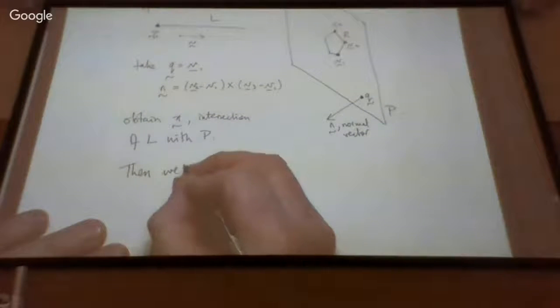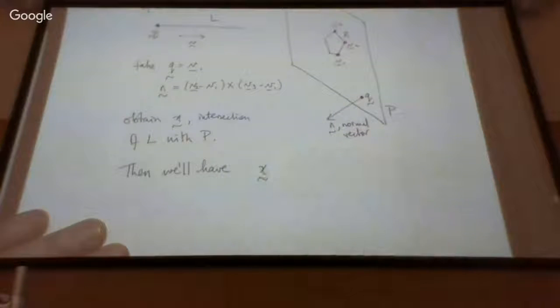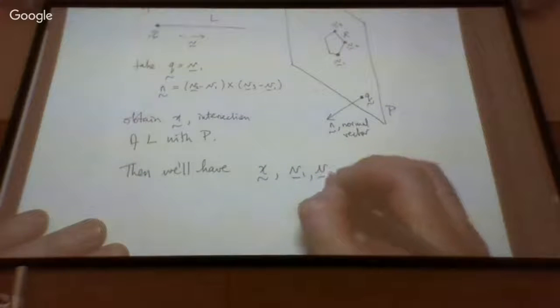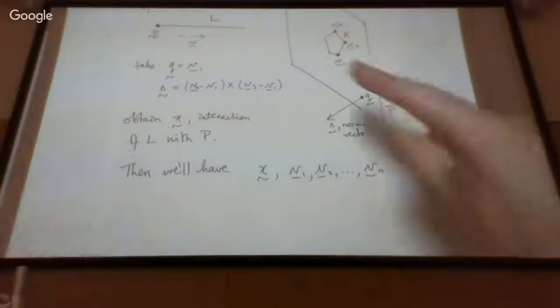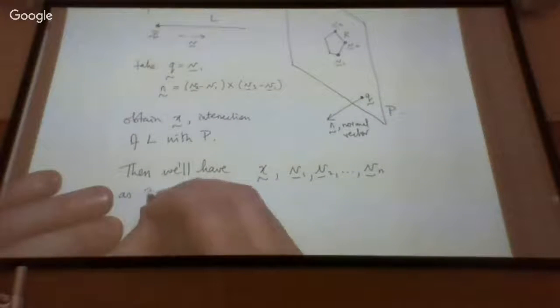Then we'll have a vector x, and vectors v1, v2 to vn, defining the polygon. But we'll have these as 3D vectors.